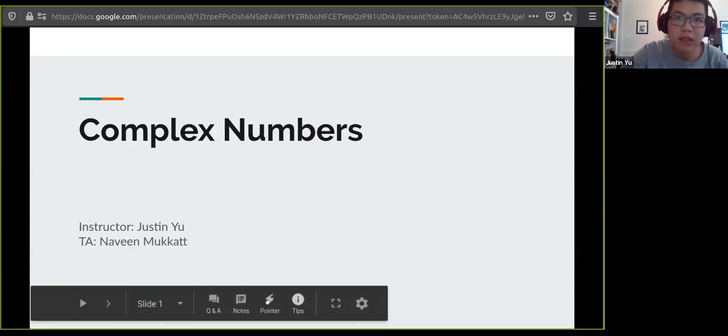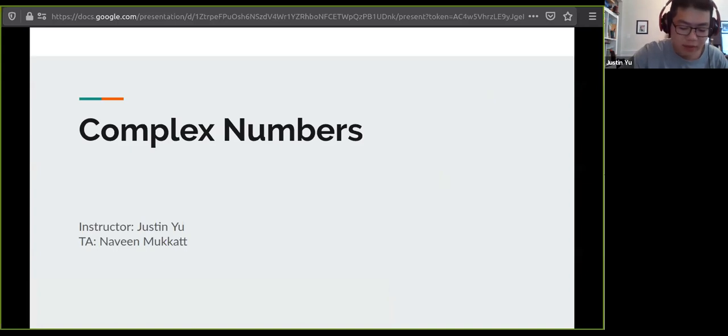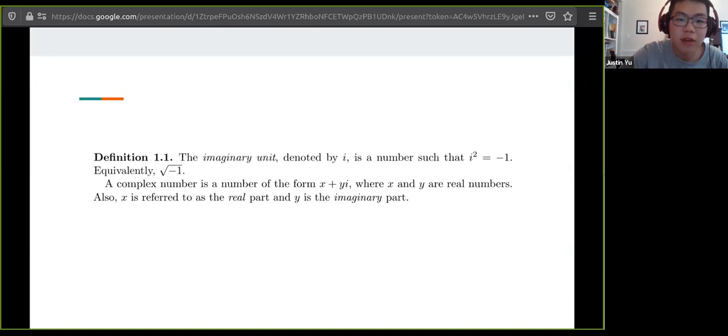All right, we're gonna start with the basic stuff, just boring housekeeping. I'm guessing a lot of you already know these, but it's always nice to just refresh. And we're gonna start with what is called the imaginary unit, i. This is what complex numbers are all about.